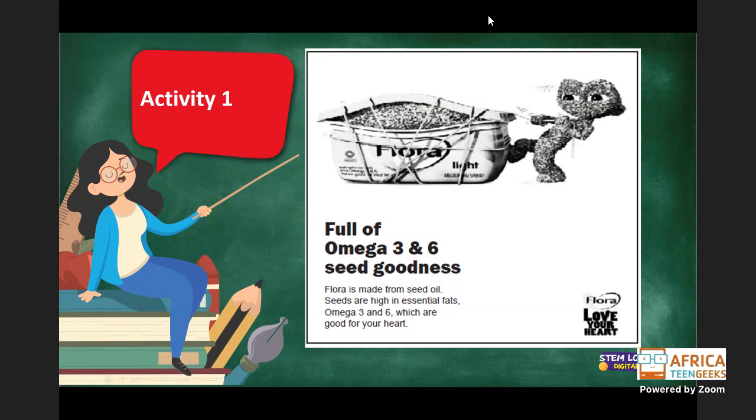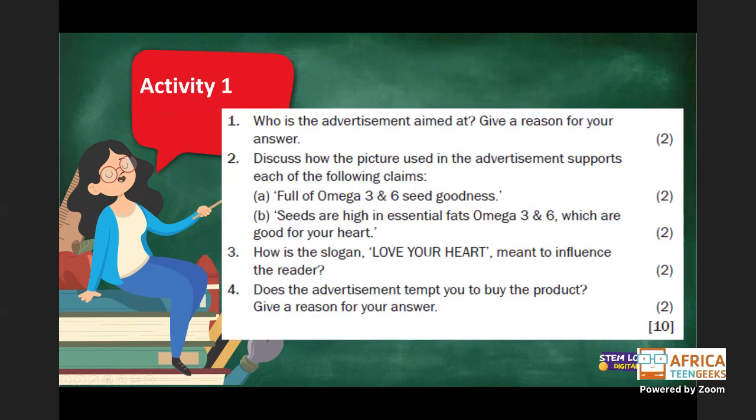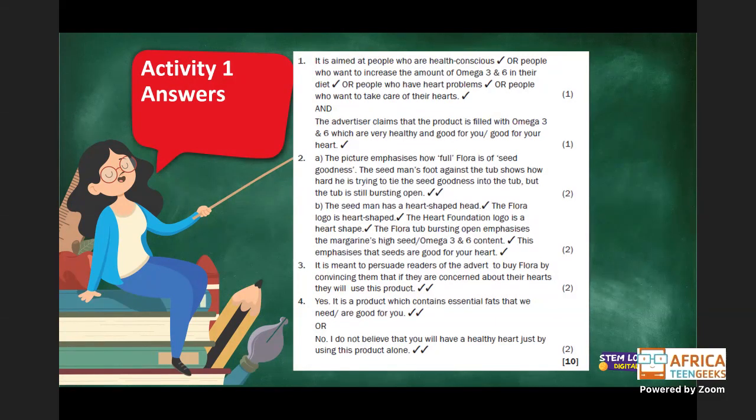Okay, righty. So we continue to the next one. So these will be your answers there. Remember, these are available online, so you can go back in your own time and have a look at the answers as well. Okay, so we continue to activity 2.